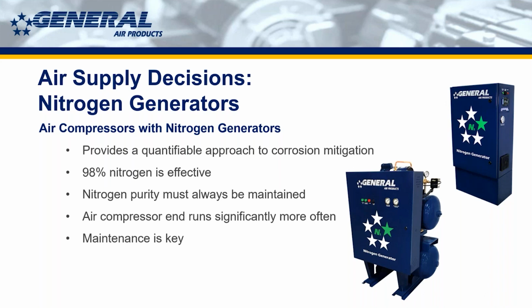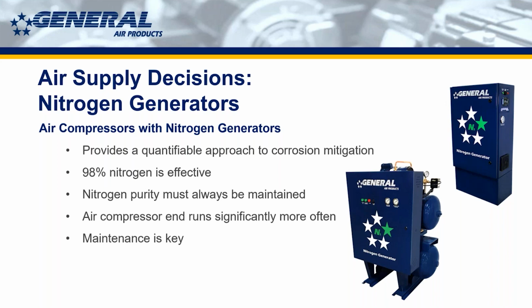The trick is getting 98% nitrogen and keeping 98% nitrogen. Again, we talk about 98% nitrogen making pipes like black iron last 60 years and galvanized last 100 years. That only works if you get and keep 98% nitrogen on every part of that system at all times.